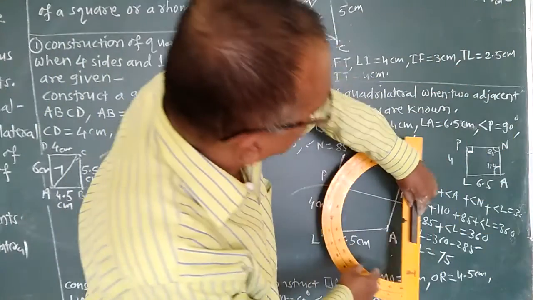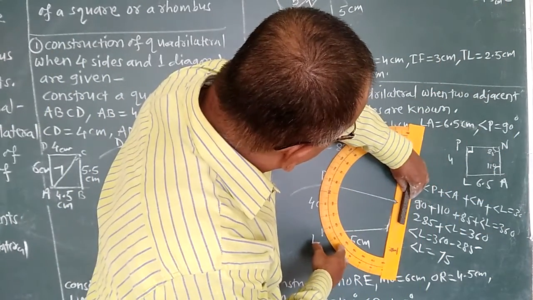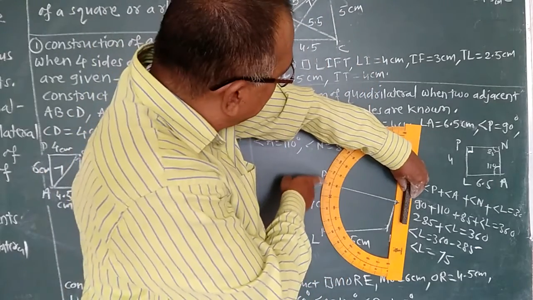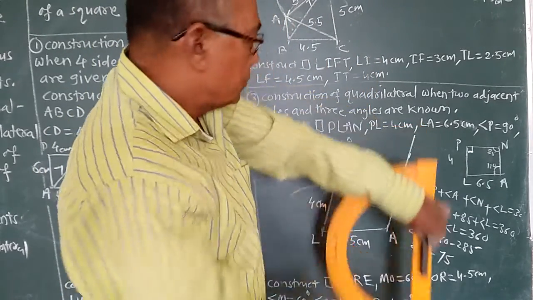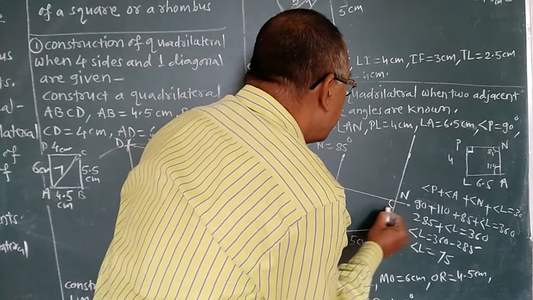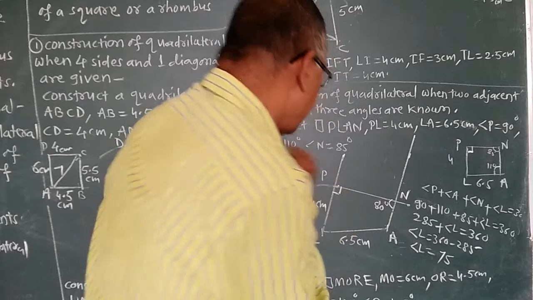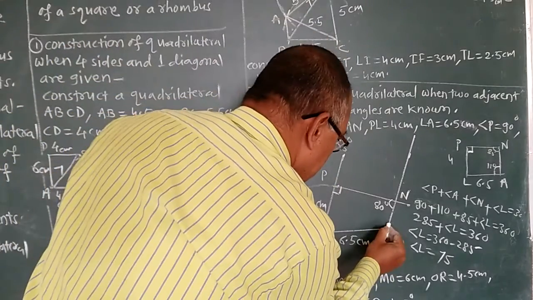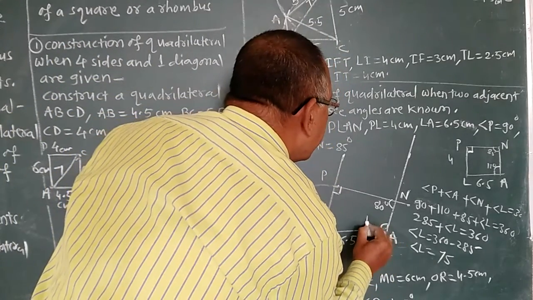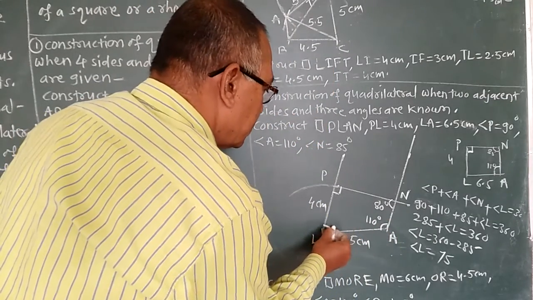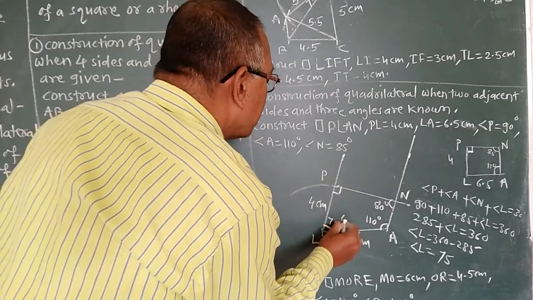If we measure this angle, then it is seen that this is about 85 degree angle. In this way, this is the right angle. This is 110 degree, and this is 75 degree.